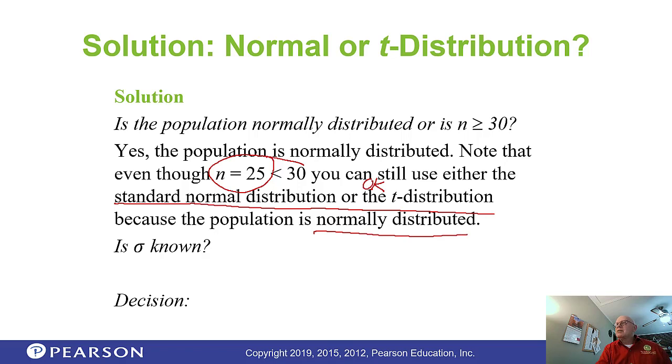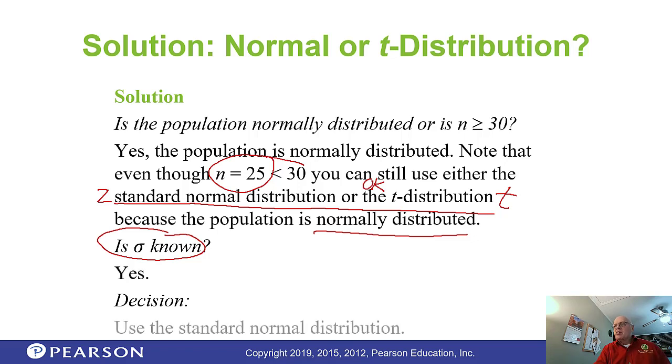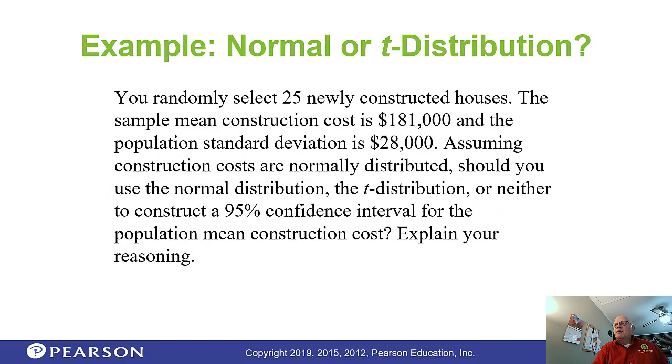Now, which one? Are we going to use the Z or are we going to use the T? And there's where we have the next question. Do we know the population standard deviation? Yes. So, we'll use the standard normal distribution. We'll be talking about Z-scores instead of T-scores. Just a little bit better.